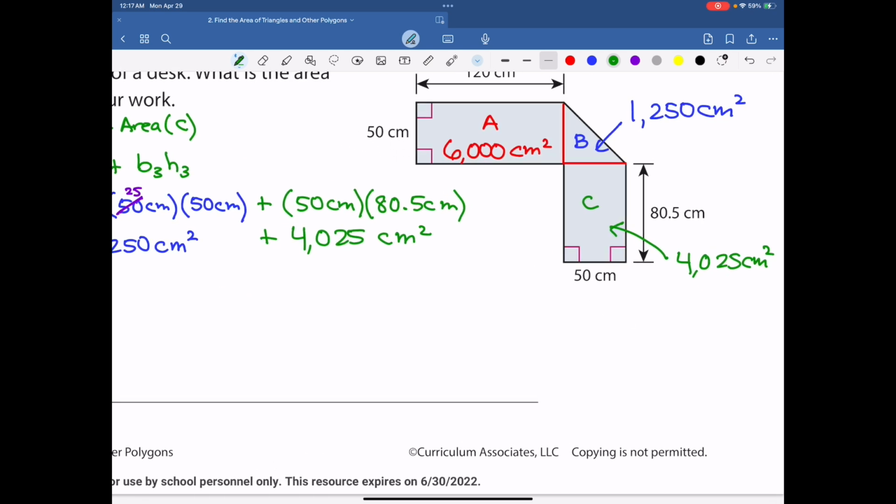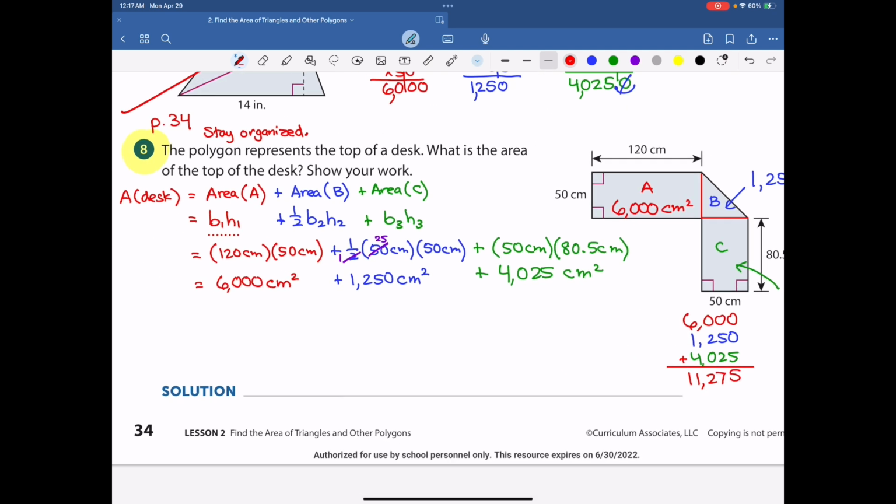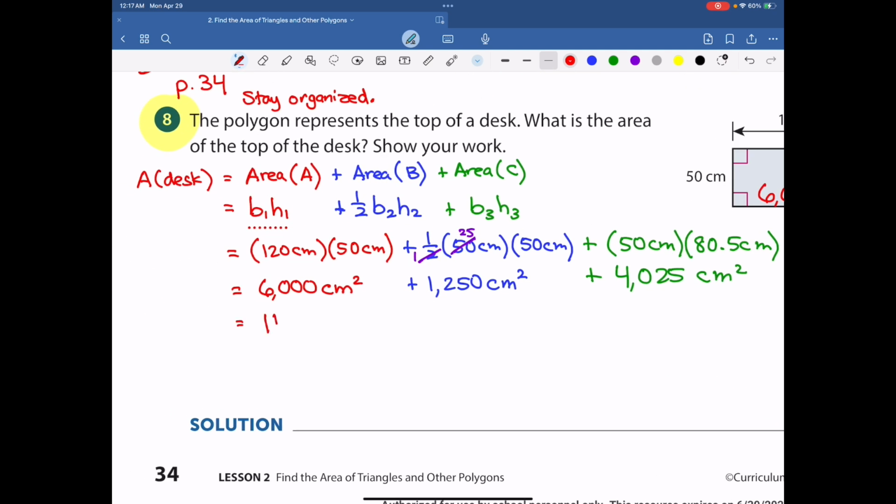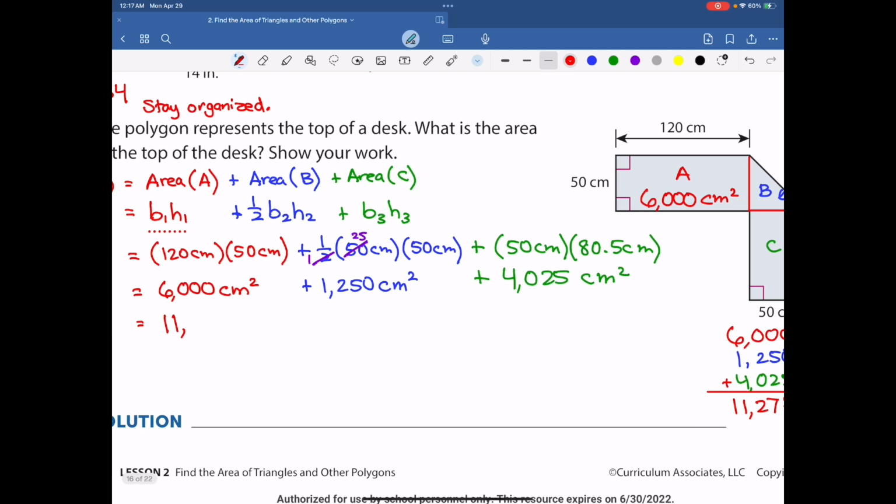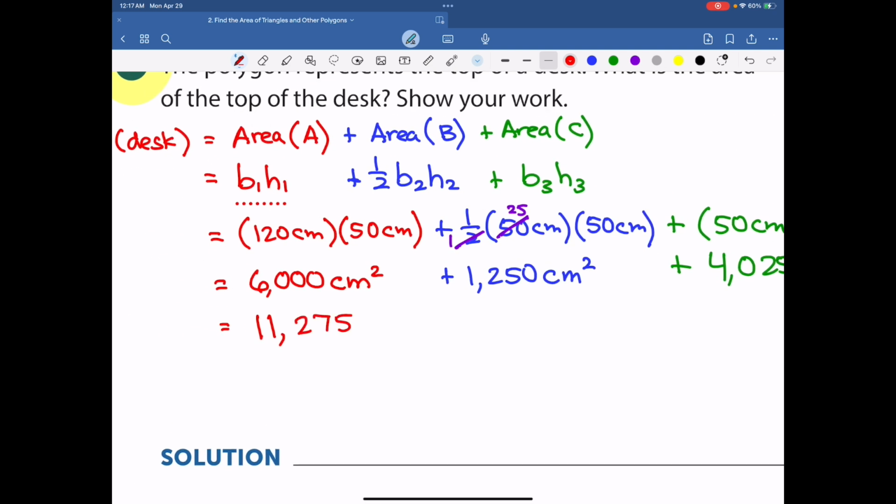I'll do it down here. 6,000 in red, 1,250 in blue, 4,025 in green, and our final answer looks like we have 11,275 centimeters squared. Box your answer.